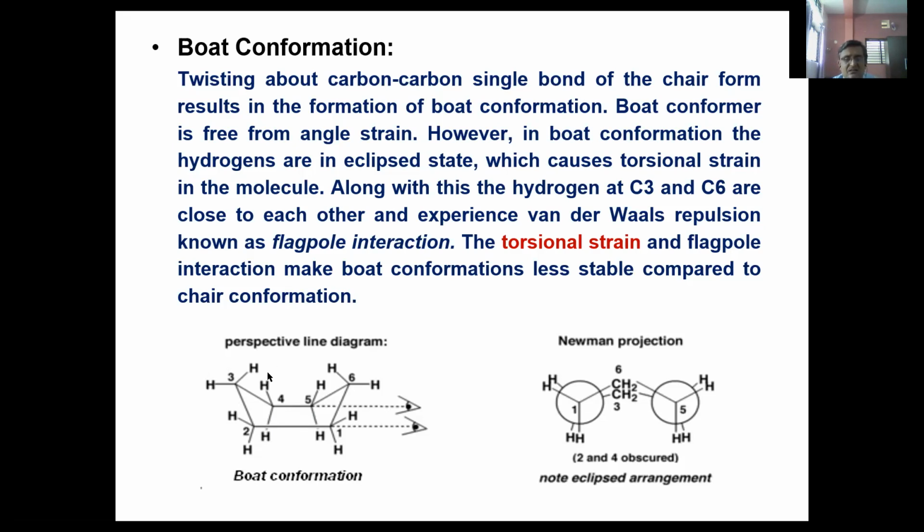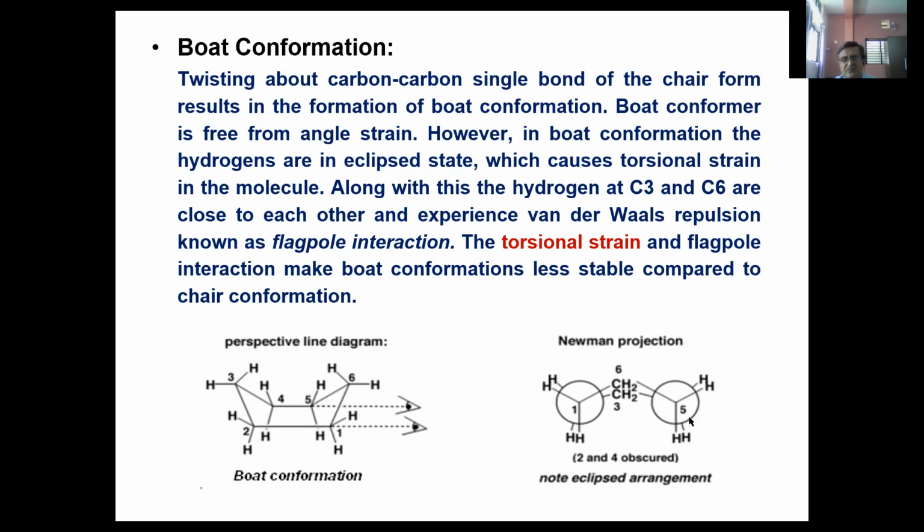Okay, this perspective diagram indicates that each and every hydrogen is in eclipsed conformation. For example, you can take the first carbon, hydrogen here, eclipsed. Here also you will find an eclipsed position.